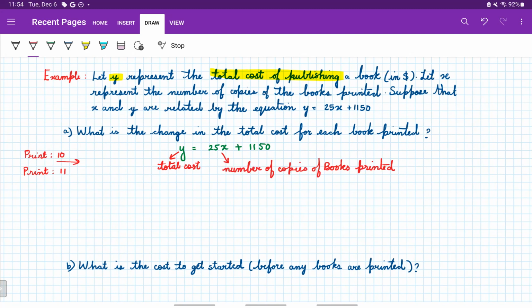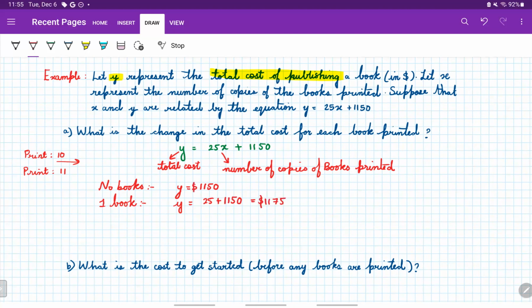So we want to know what is the change in Y, where that is the total cost for each book printed. So one easy way is just plugging in 0. That is when you have no books printed. Your cost would just be 1,150 because you're plugging in 0 as your X. And now when we plug in 1 as our X, that is if we print 1 book, Y would be 25 plus 1,150, which is $1,175.